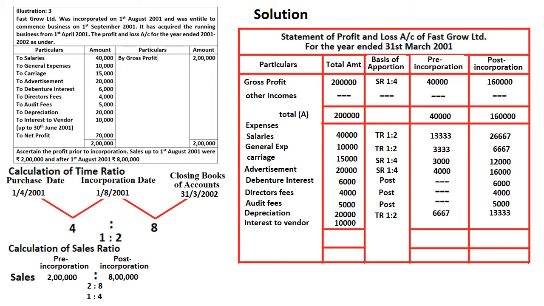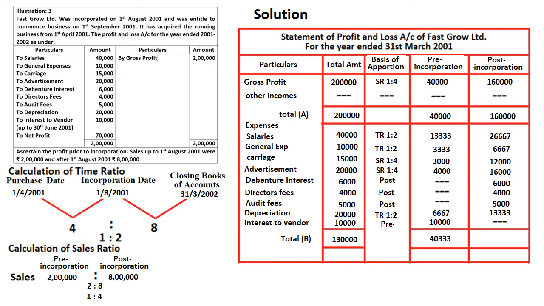Then we will make the summation of the expenditure, that is total as well as pre and post. Then profit is equal to total income minus total expenses, that is A minus B. So we will get the total profit of 70,000, and when you divide, pre-incorporation we are incurring a loss of 333 and post-incorporation profit is 70,333.